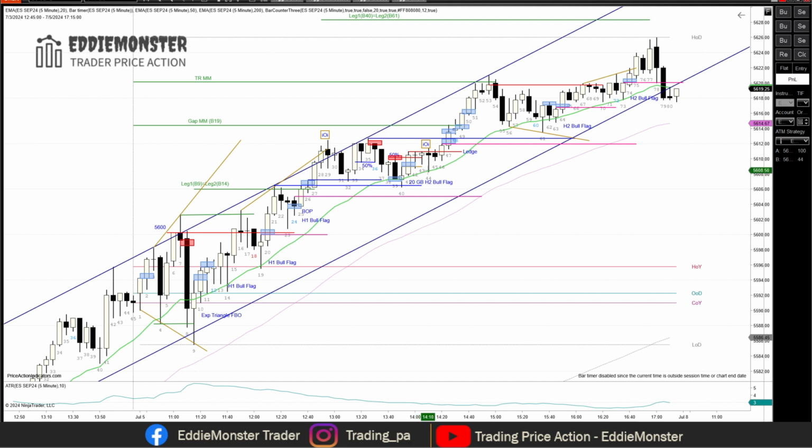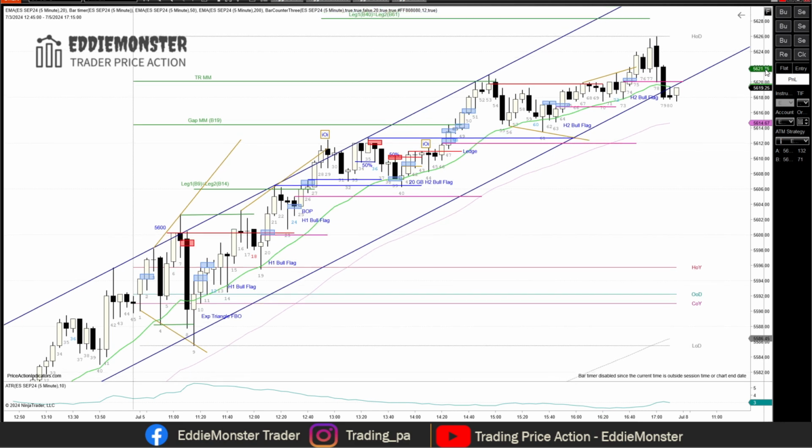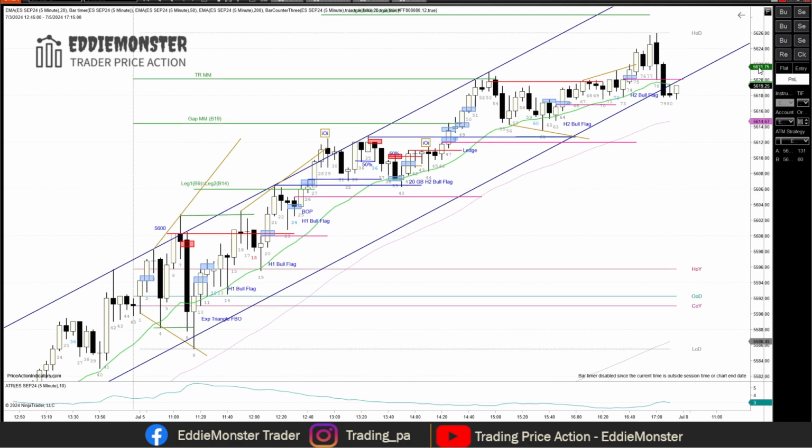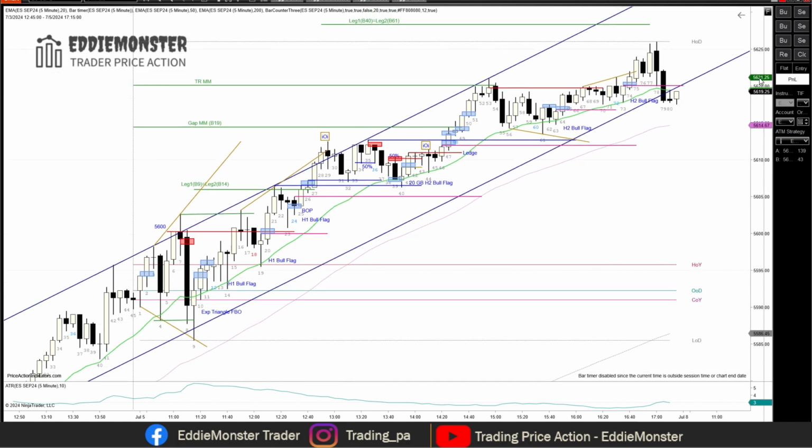And then we have an H1 bull flag here and a bull mode breakout, right? Couple of legs down, and then if you have an H2 bull flag, the next flag could also be H2 or wedge bull flag. But we didn't have wedge bull flag. We have another H2 bull flag, which shows us how the bulls were stronger during the day. Okay, so that's basically the recap for the day.